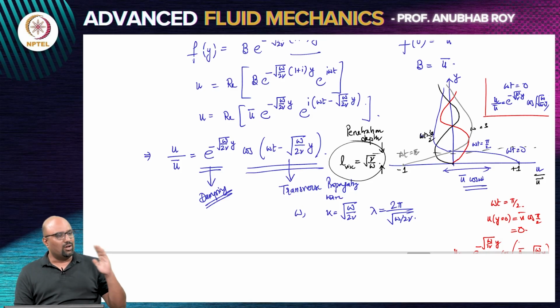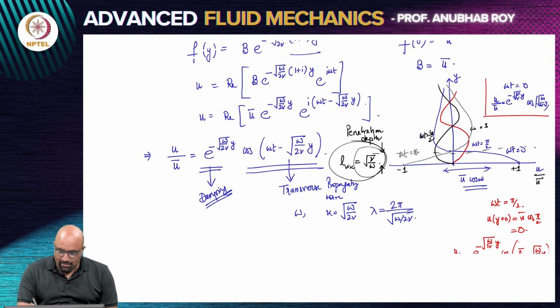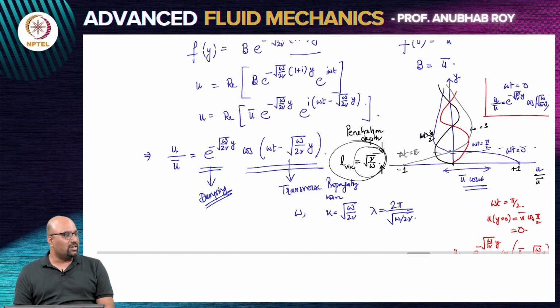So when you have an oscillating boundary, let's say an oscillating object that is obviously interacting with the surrounding fluid, and you want to find out how much of the fluid is actually responsible for the forces that the body experiences, you already have a measure here, which is the penetration depth. That's the length scale over which momentum diffusion is going to happen.